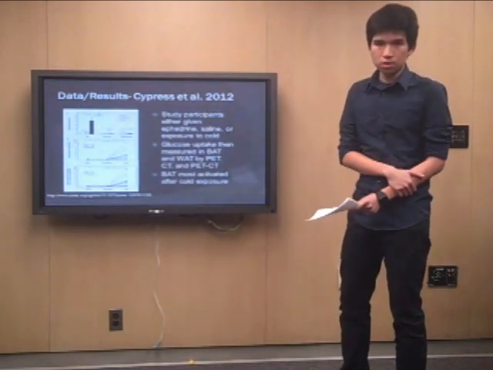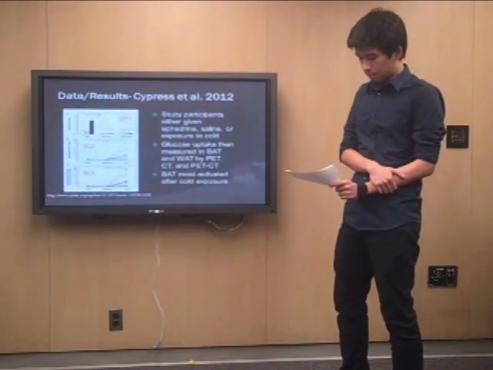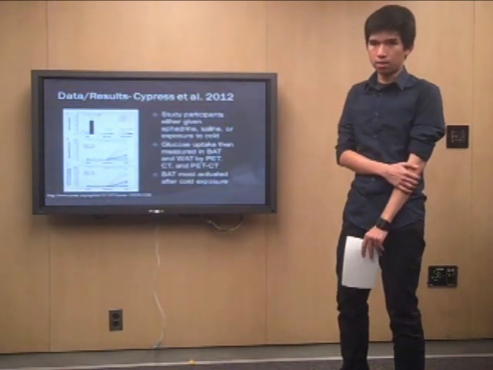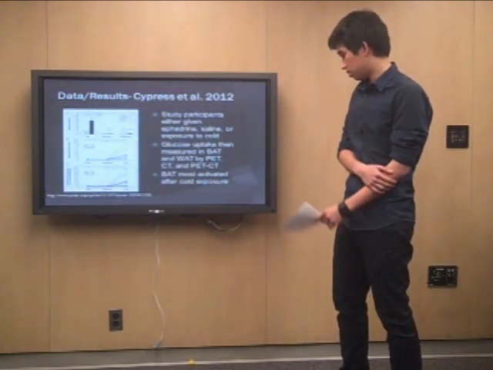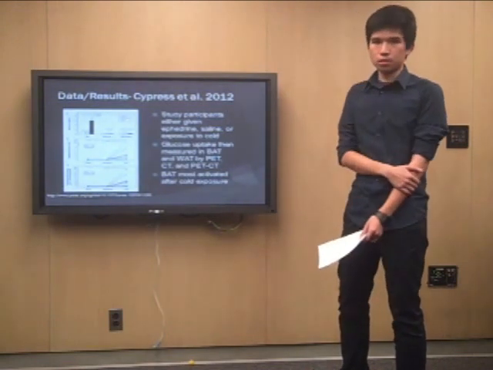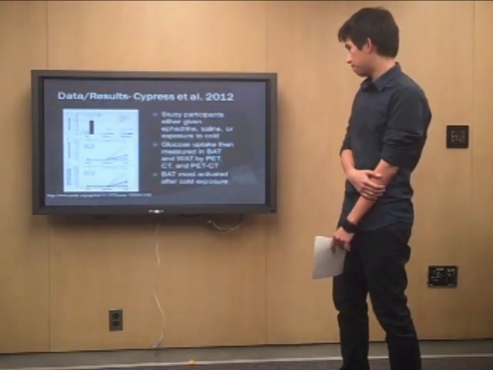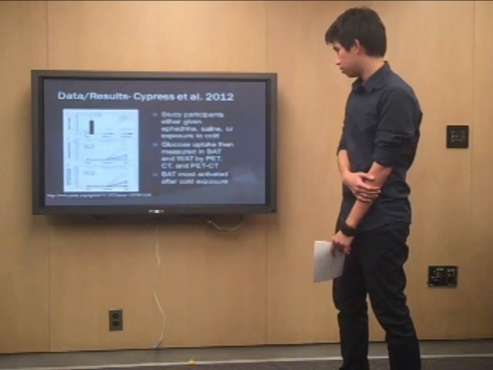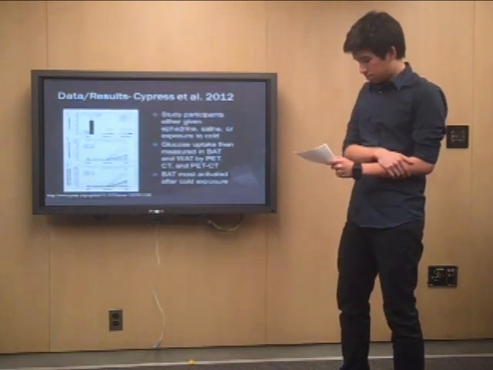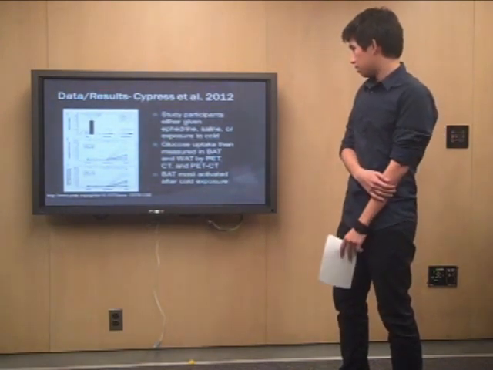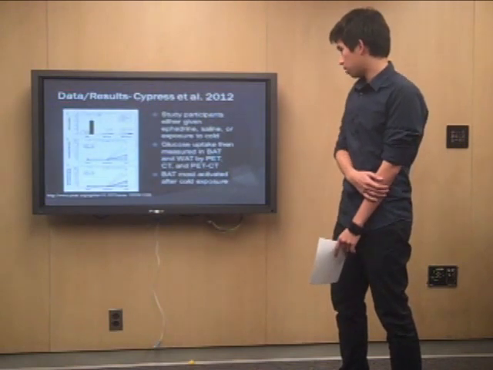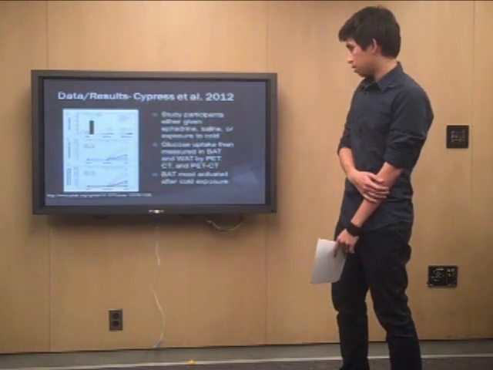The results also show that there's a significant impact of cold temperatures on the volume as well as the activity of brown adipose tissue. The effect of saline and ephedrine on brown adipose tissues is very minimal.